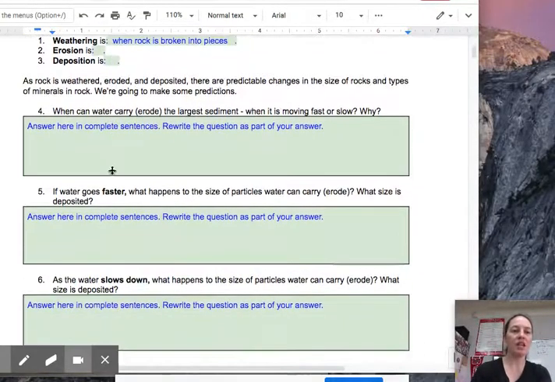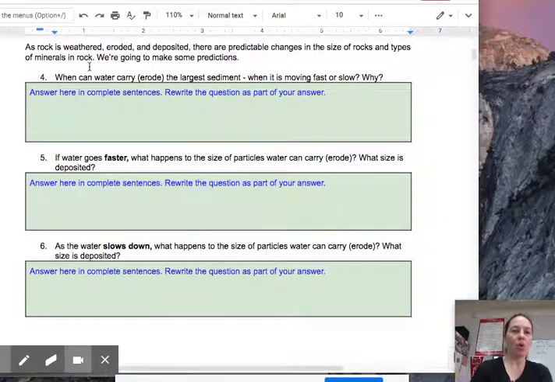The next part is there are three questions. When can water carry or erode the largest pieces of sediment? When it's moving fast or slow, and why? So think about when does it have enough energy to be able to move big boulders and rocks, when it's moving fast or when it's moving slow? If water goes faster, what happens to the size of particles it can carry or erode?